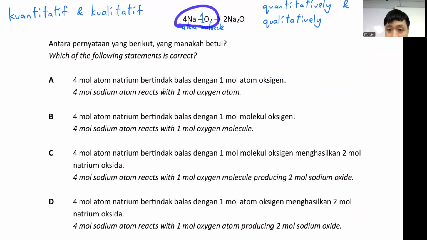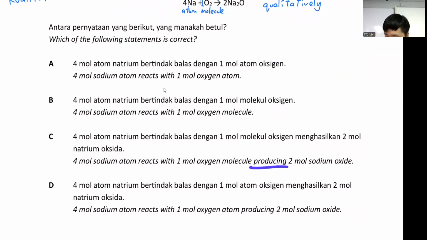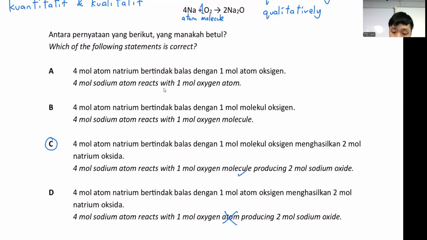You have to talk about this, react together to get a product. So let's look at C. There's 4 mole of sodium atom react with 1 mole of oxygen molecule. Correct. Oxygen is molecule, O2. And to produce 2 mole of sodium oxide.